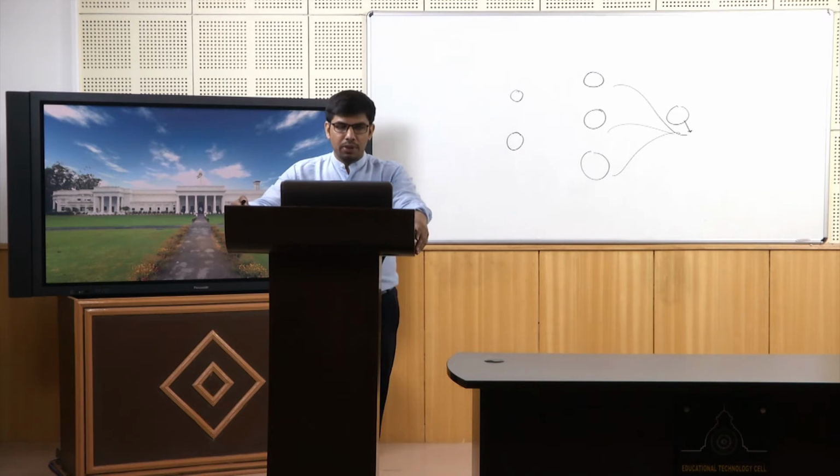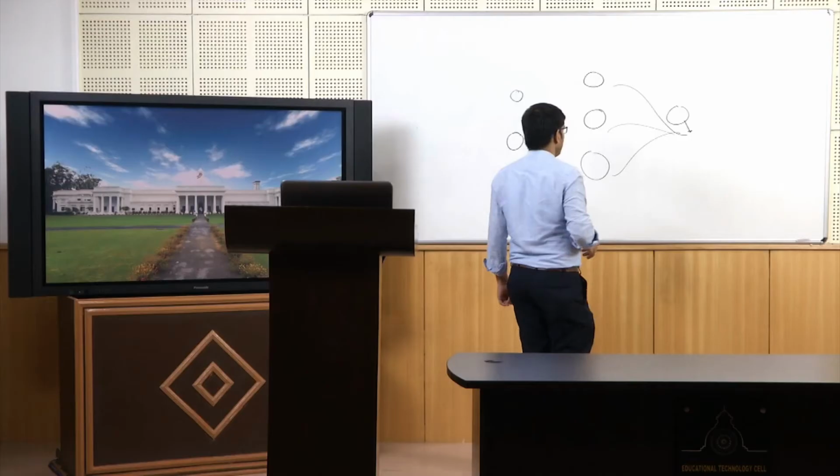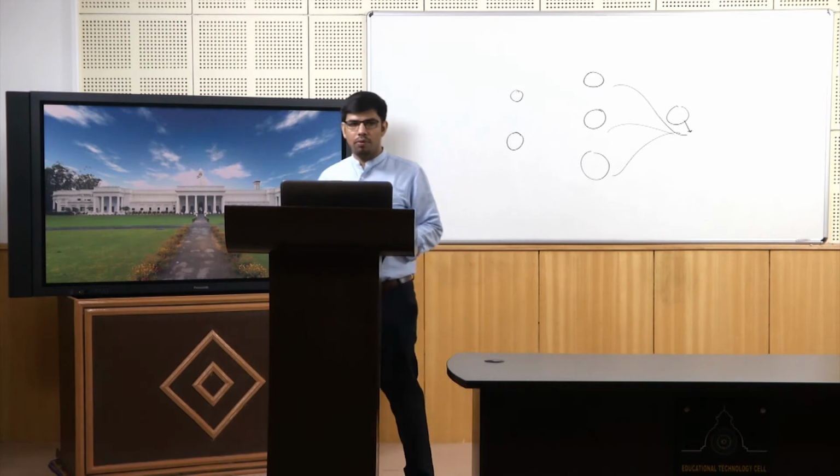The next point, as you can see on the slide, is that all hidden layer and output layer nodes and all connection weights become part of the learning process. The error value that is computed here is propagated back to the other layers, the previous layers of the network.